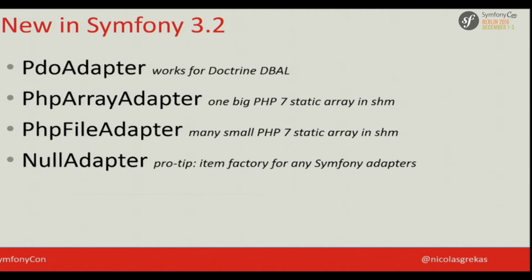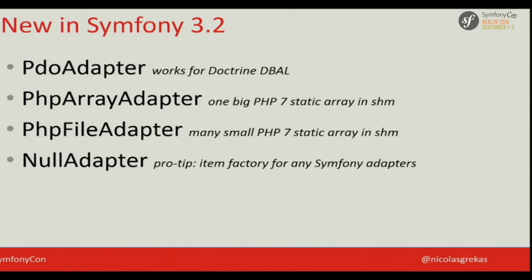So a static array in PHP 7 is stored in shared memory. There is one copy of this array in OPCache, and all the requests that are reusing this exact same array won't need any copy from the shared memory. PHP 7 is able to use the shared memory and read from it directly, which means this is amazing.